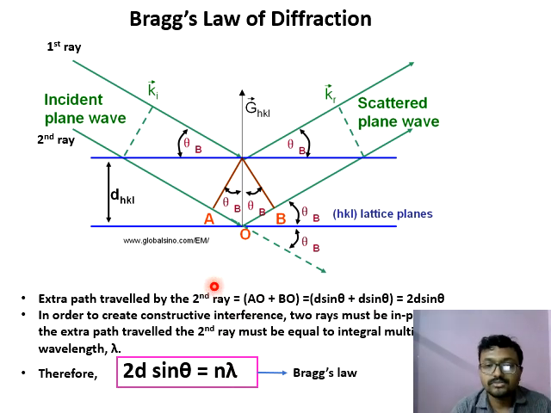The extra path traveled by the second ray must be equal to n lambda, where n is an integer: 1, 2, 3, 4 and so on.